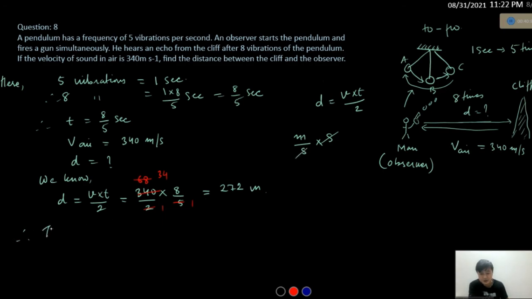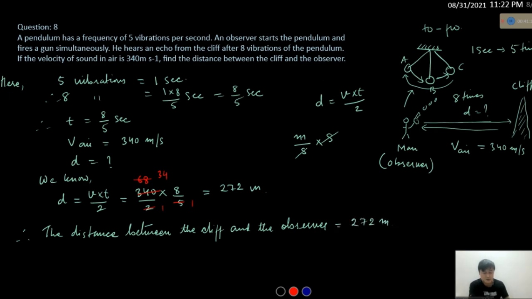Therefore the distance between the cliff and the observer is equal to 272 meter.